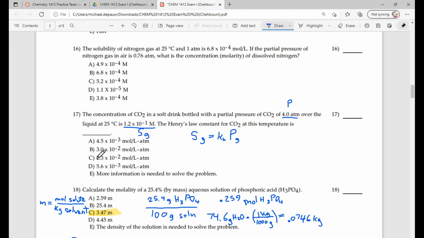What'd you say? 3.0 times, yep, I think that's about right. There you go. So you don't need the temperature. No, because the Henry's law constant is specific to the temperature. That's why it says the Henry's law constant for CO2 at this temperature. If you change the temperature, you change the Henry's law constant.